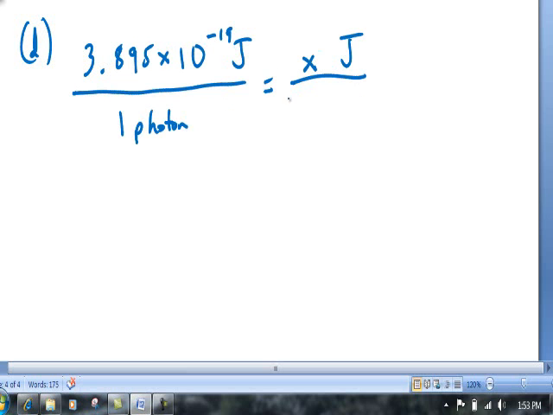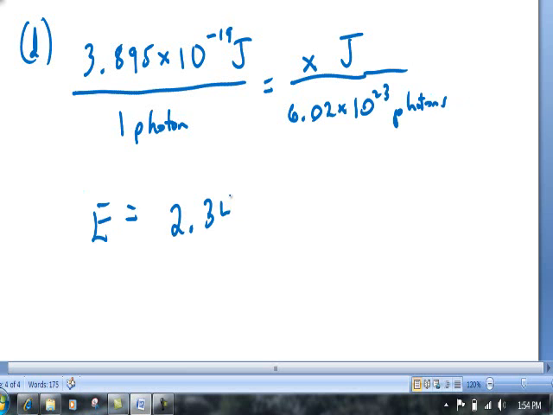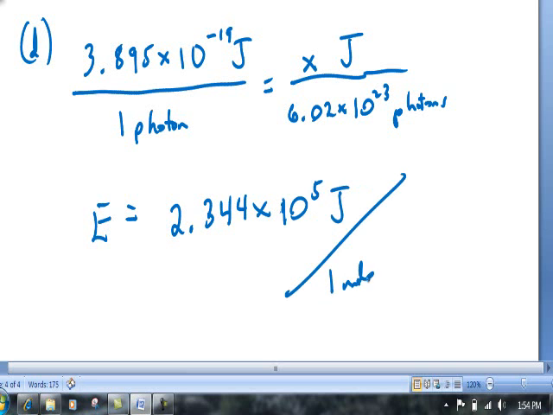A mole of photons would be Avogadro's number, 6.02 times 10 to the 23rd photons of light energy, representing 1 mole of photons being released. From this proportion, we can get the energy released by a mole of photons of light would be 2.344 times 10 to the 5th joules of light energy per 1 mole of photons.